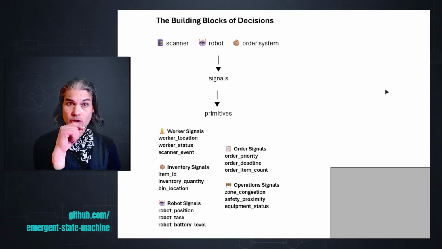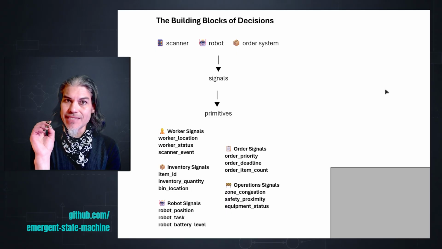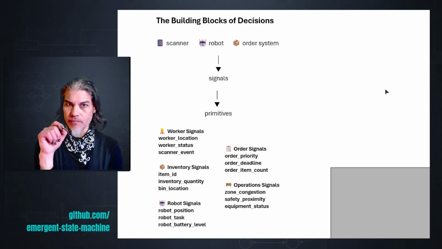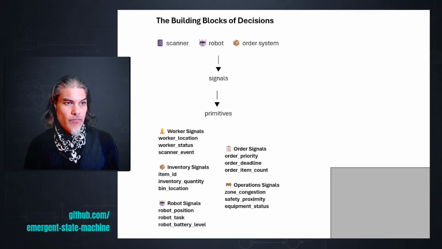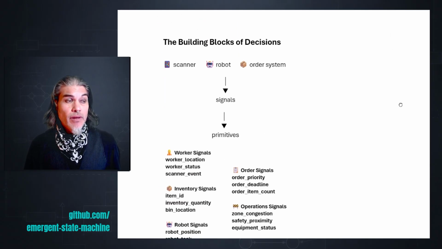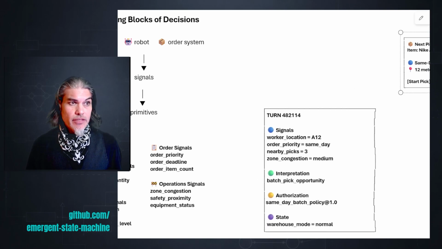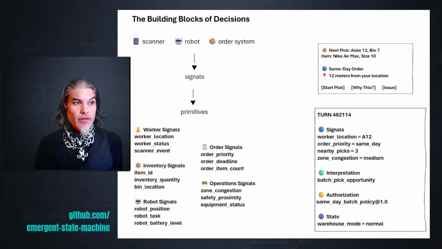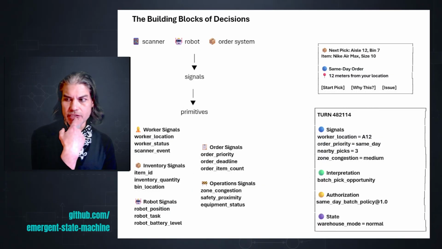In ESM, we treat primitives as deterministic signals about what the system is observing. ESM then uses those primitives as the building blocks of decisions. So the primitives become the signals the system reasons over when making a decision.